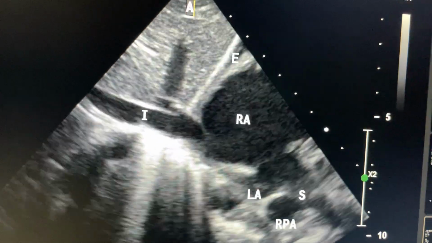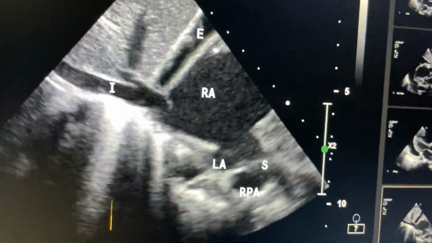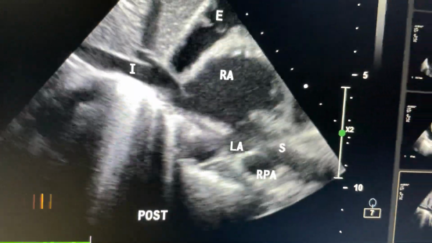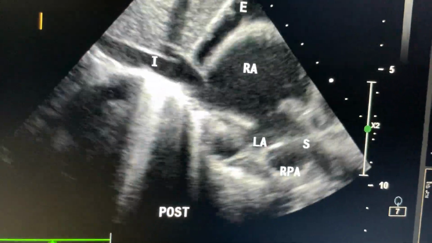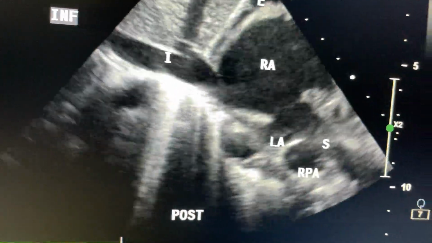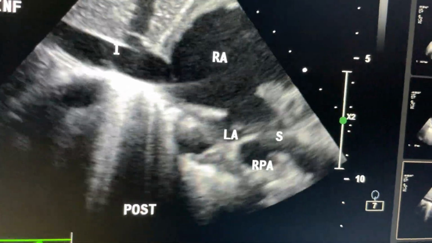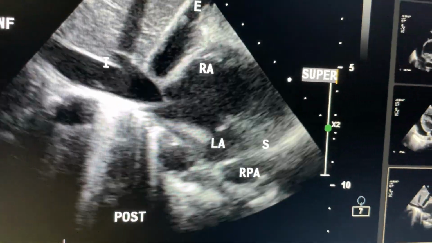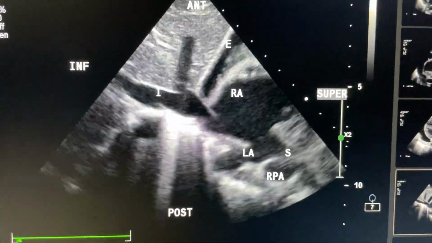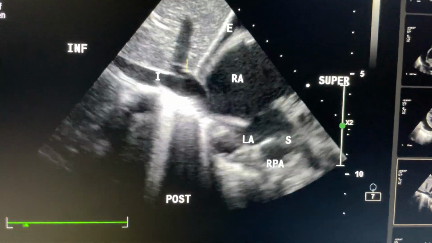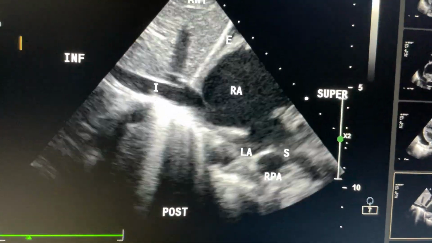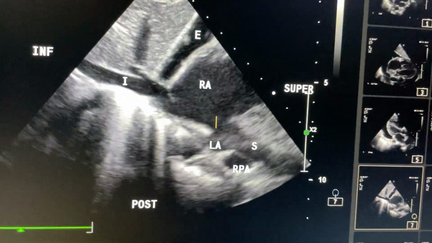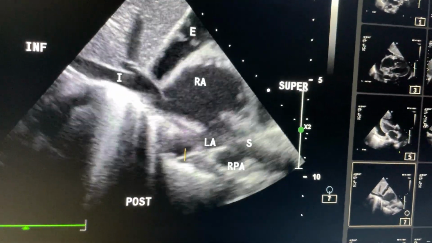This is anterior, this is posterior, this is most inferior, this is most superior part. So now you understand this is the anterior part, this is the posterior part, this is the most inferior part, this is the most superior part. From the inferior part, inferior vena cava, most superior part, superior vena cava.